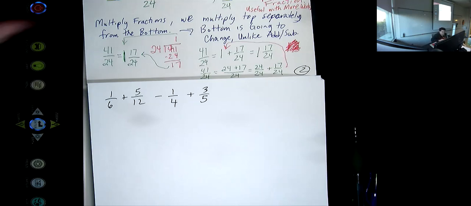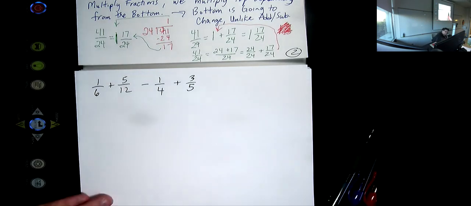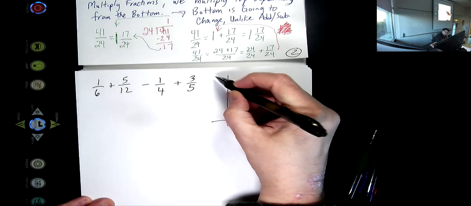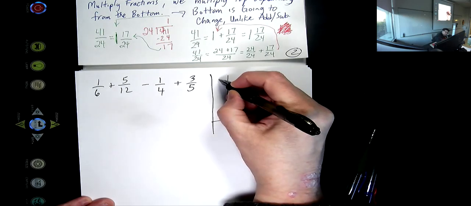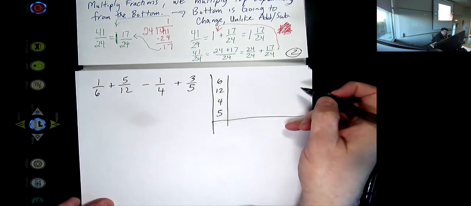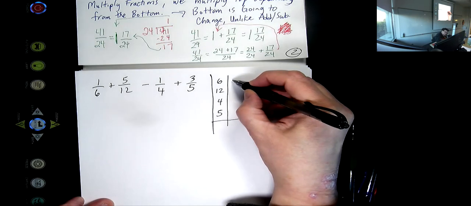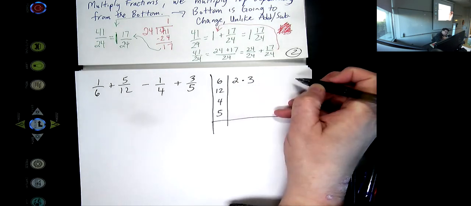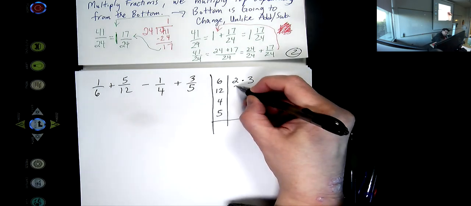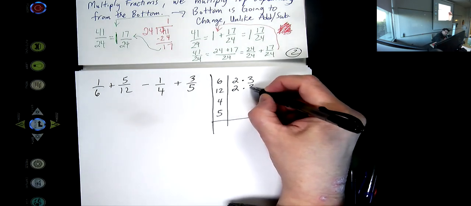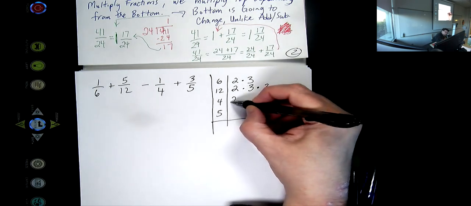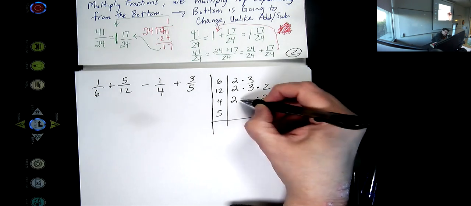I'll build the table with you, and hopefully get everybody on the same page. So what I'm going to do is put the numbers I got for the denominators here, put a line here, so I don't mess it up. 6, 12, 4, and 5. If I factor the 6, I get 2 times 3. 12 is 2 times 6, and 6 is 3 times 2, so I need another column for another 2. 4 is 2 times 2, and I have both columns there, so I'll do that.